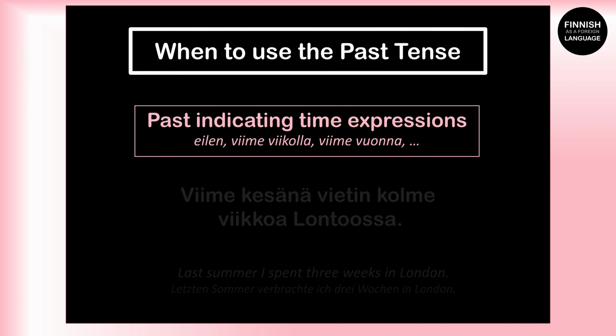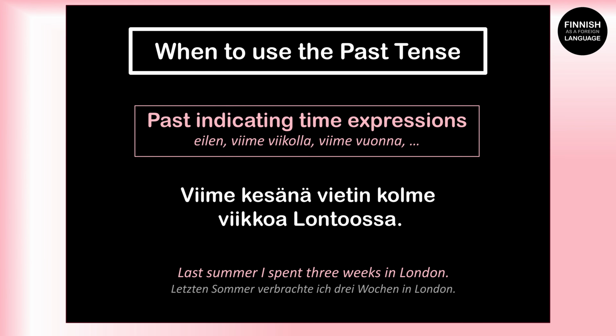Here's one example. Viime kesänä vietin 3 viikkoa Lontoossa. Means last summer I spent 3 weeks in London. So viime kesänä means last summer. Vietin is the first person singular past tense of the verb viettää, which means to spend. 3 viikkoa means 3 weeks.